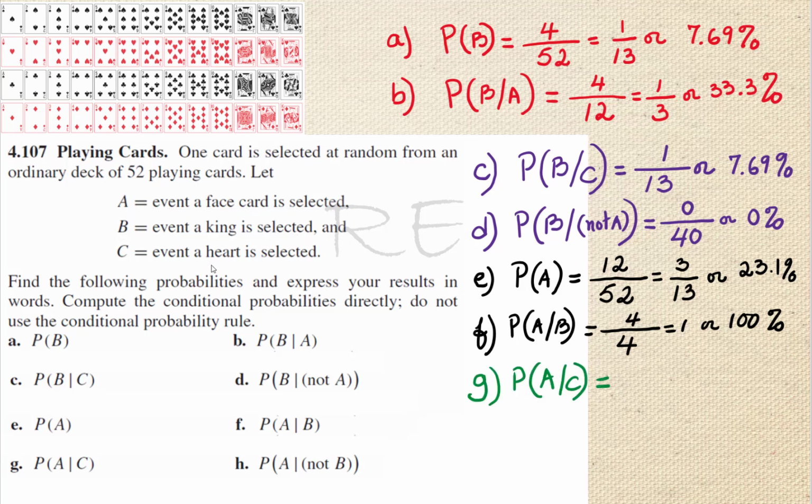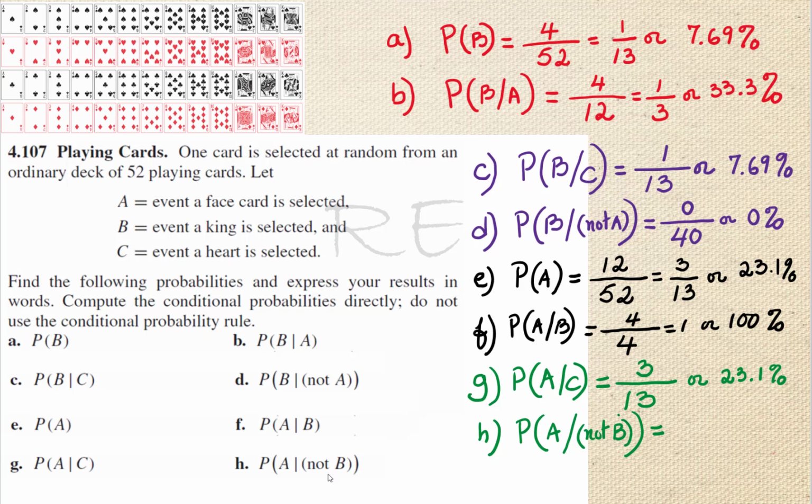The probability of getting a face card if a heart is selected. We have 13 hearts, and out of those 13, we have 3 face cards: the Jack, the Queen, and the King. 23.1%.